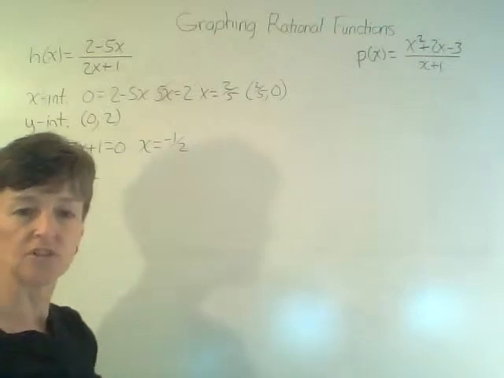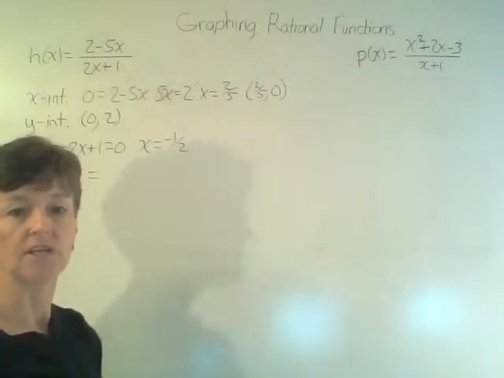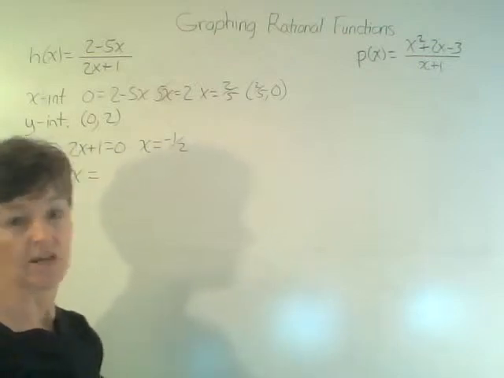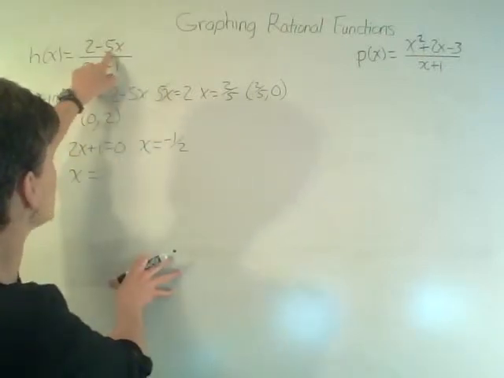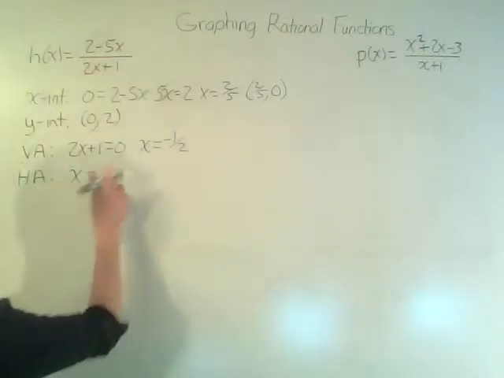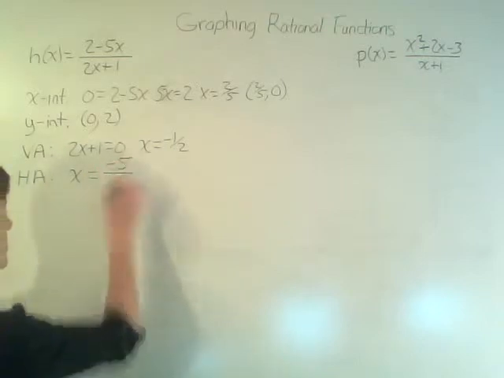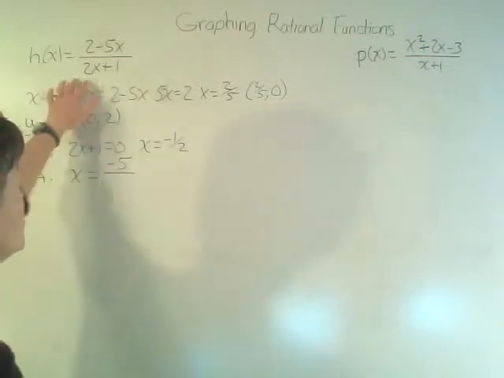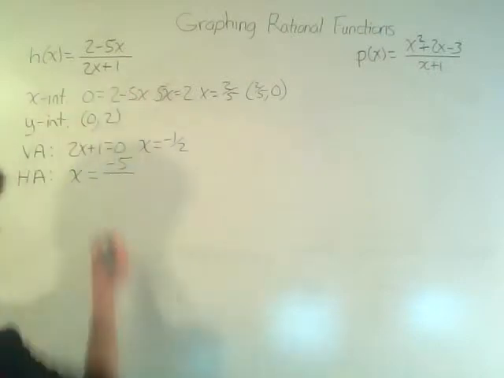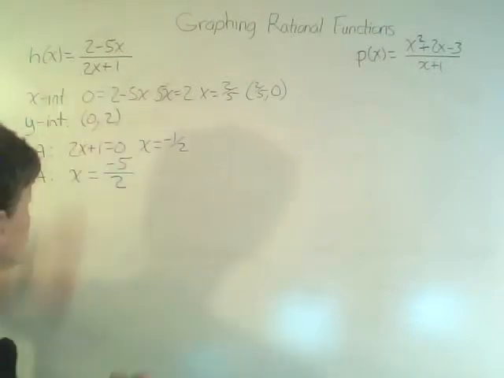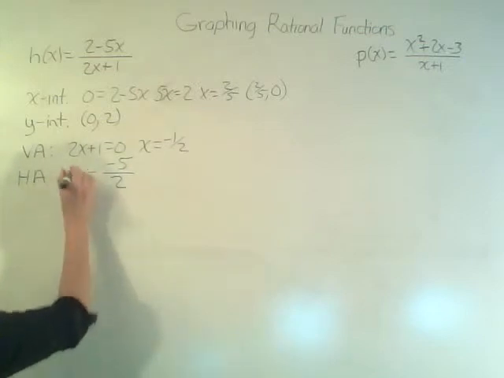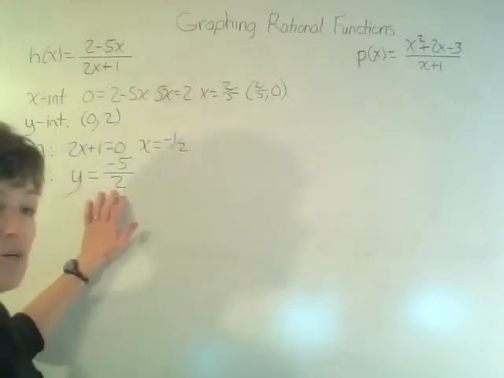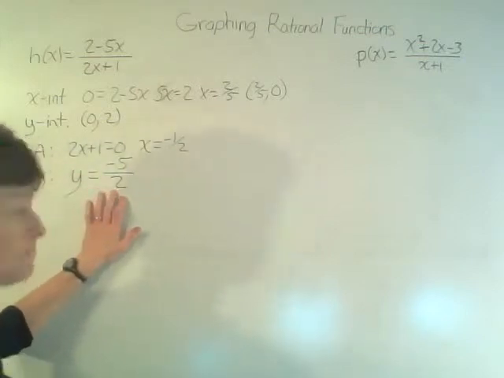The leading coefficient of any polynomial function is the number in front of the highest degree term. Well, the highest degree term is x, and the number in front is -5. So I have a ratio of -5, that's the leading coefficient in the numerator, to the leading coefficient in the denominator. The leading coefficient in the denominator is 2. So my horizontal asymptote, excuse me, that should be a y, is y equals -5/2.